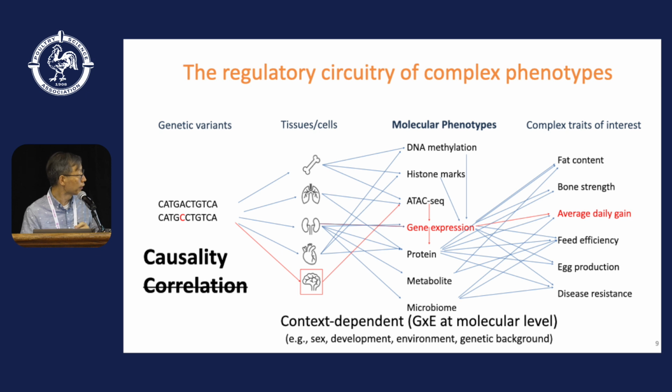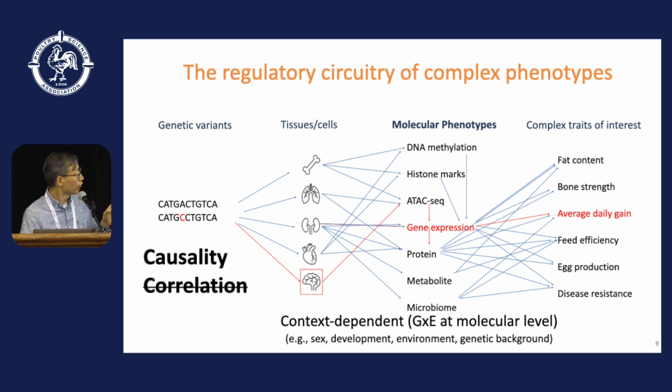Here I give an example. We call it context dependent, because it talks about different tissues, and in those tissues the genetic variants can affect different molecular phenotypes, whether DNA methylation, histone modification, chromatin accessibility, gene expression, protein, metabolites, or microbiome. And then how each of these can contribute to different complex traits.